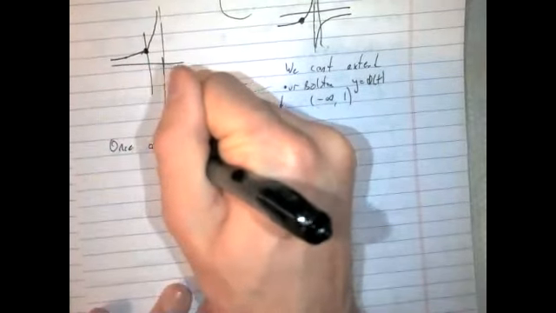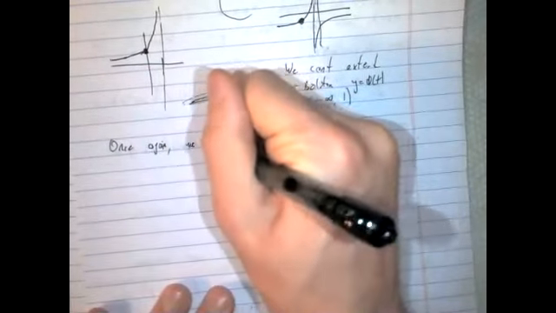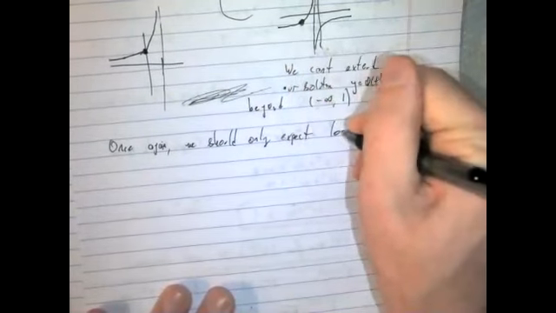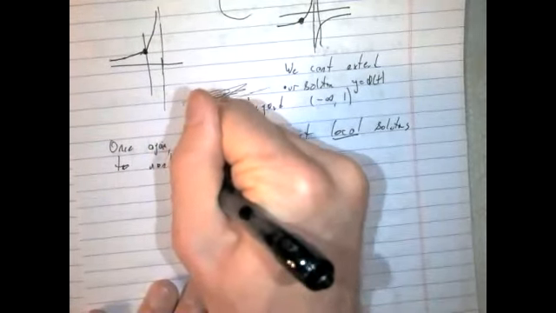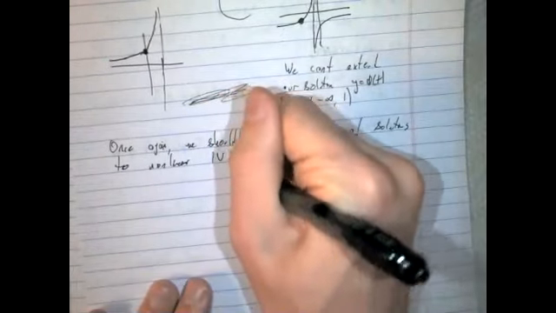So once again, we should only expect local solutions to nonlinear IVPs. And there, in general, is not a good way of determining the interval on which you can define your solution. For the linear ODE, you can exactly say, I can define it on this interval.